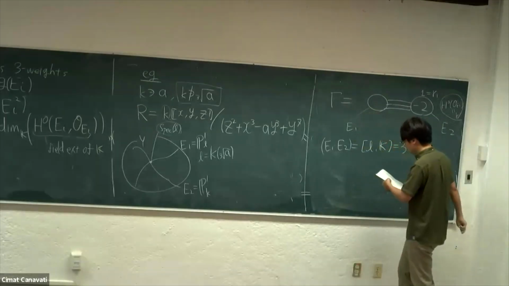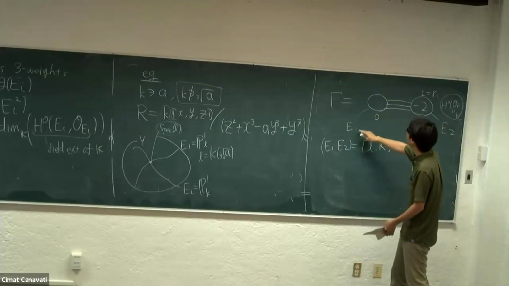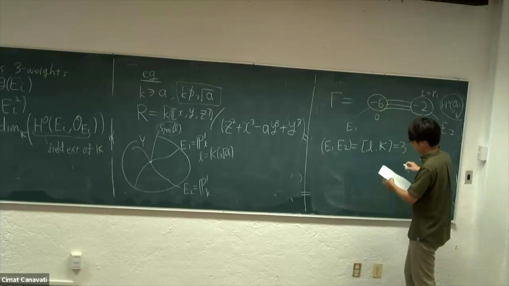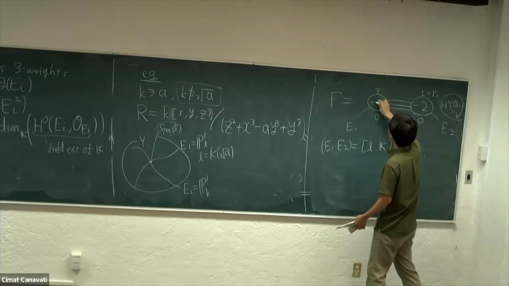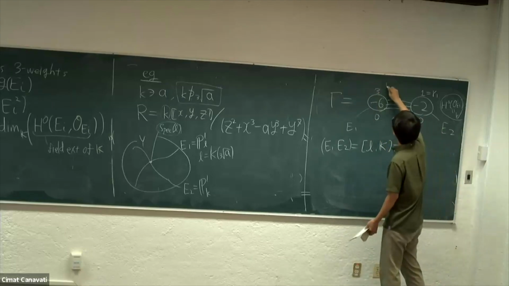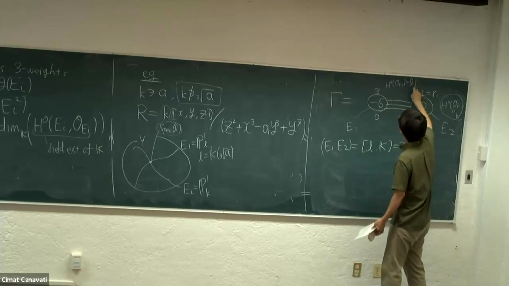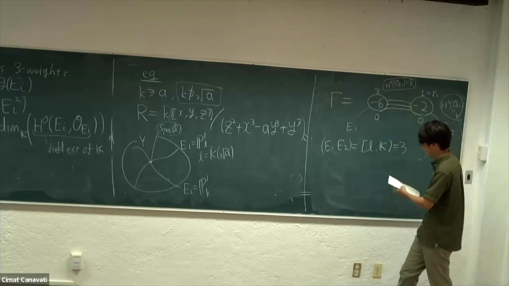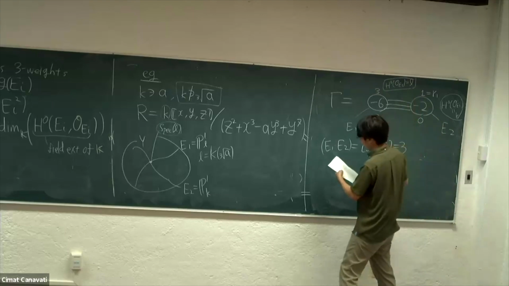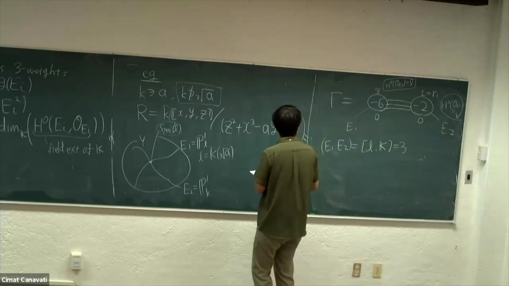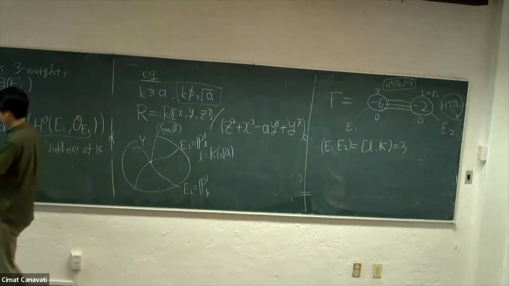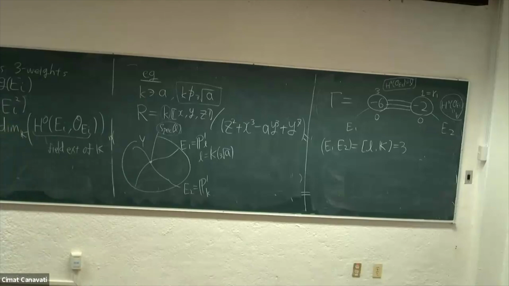How about E2? The genus is 0, but the self-intersection number is -6, and r_2 is 3 because H^0 of E2 is L, so it has degree 3. This is the example.